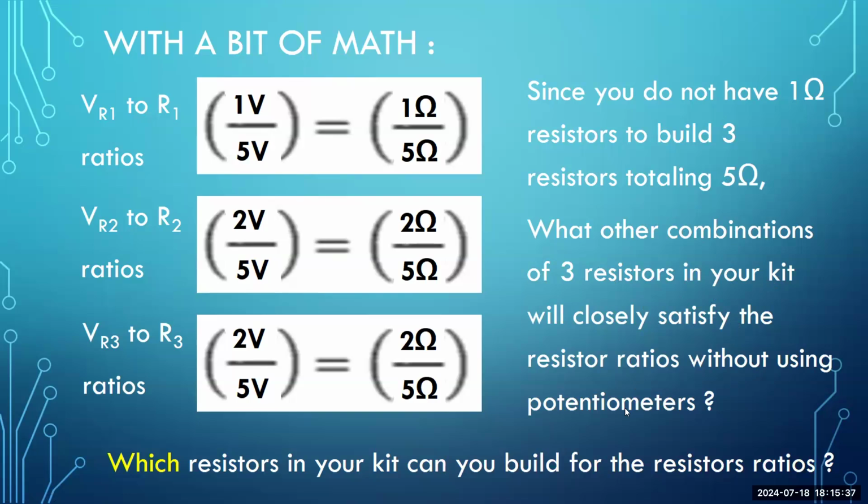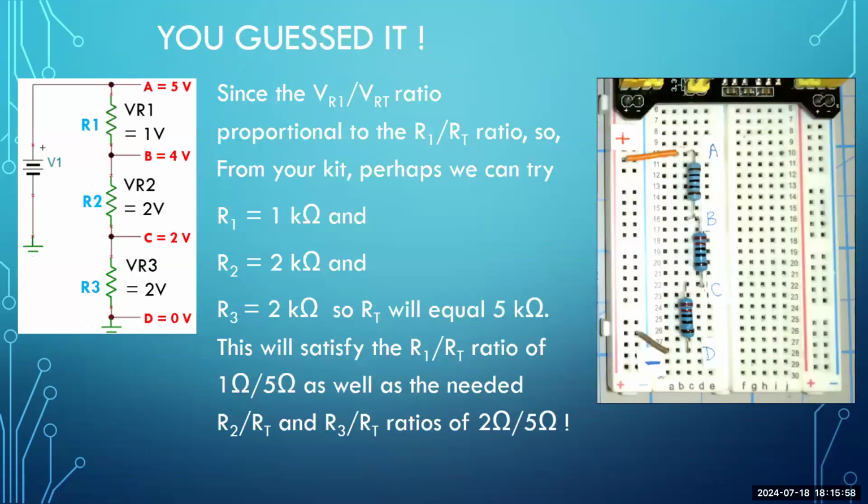All right, so we're going to build 3 resistors that must satisfy these ratios. How are we going to do this? Which resistors in your kit can you build for these ratios? All right, you noodle it out with that wonderful gray stuff between the ears, and lo and behold, you guessed it. Yes, ta-da.